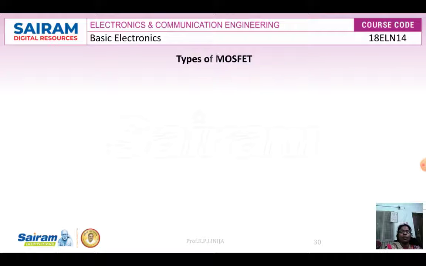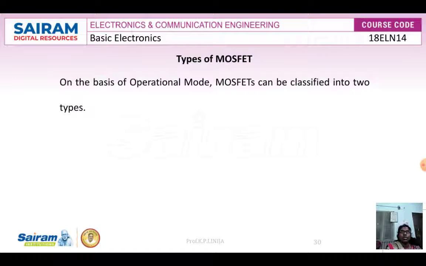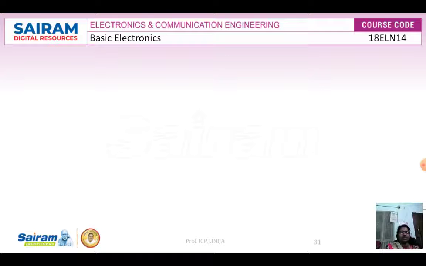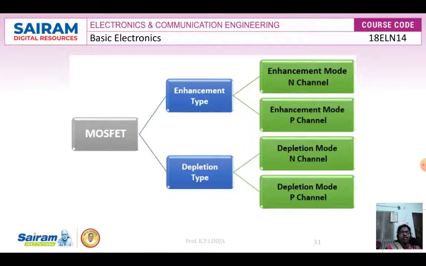Now let us see the types of MOSFET. On the basis of operation mode, the MOSFET can be classified into two types: enhancement type MOSFET and depletion type MOSFET. The enhancement type is classified into enhancement mode N channel and enhancement mode P channel.